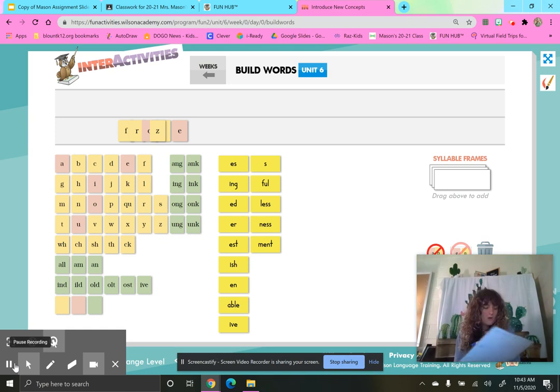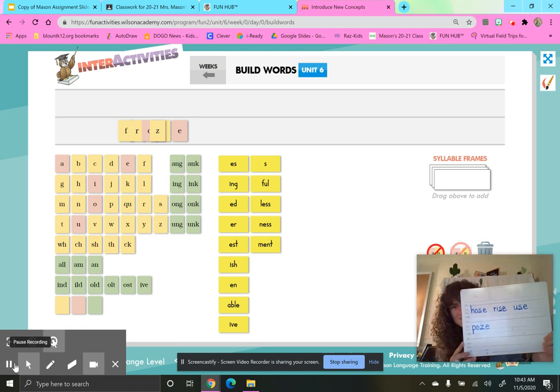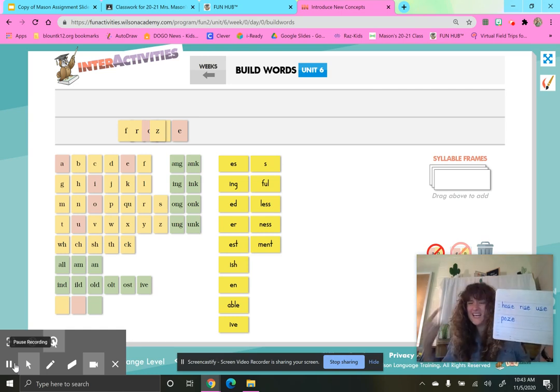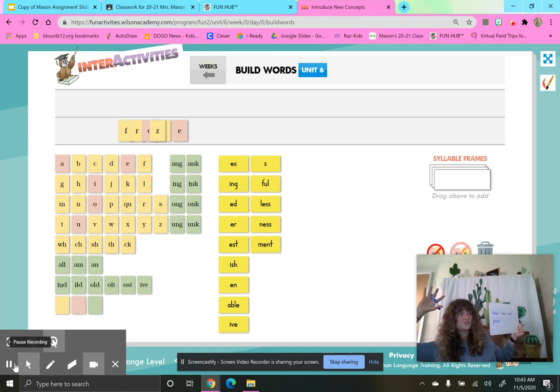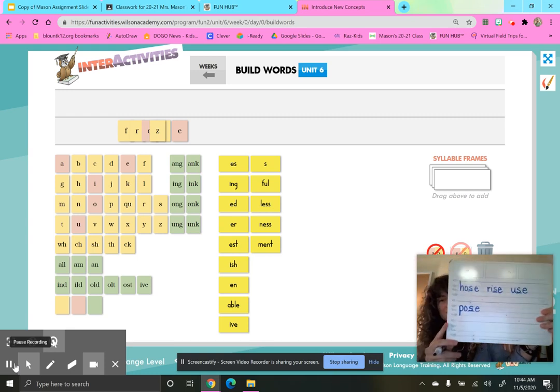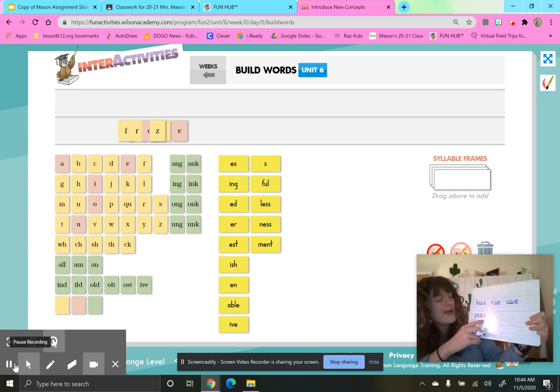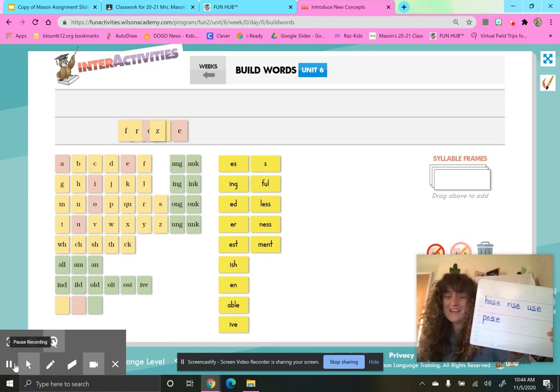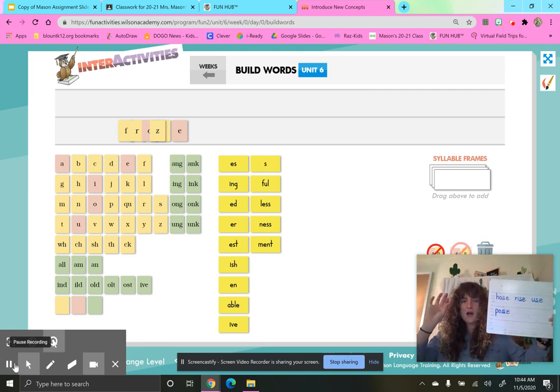In the word pose, I can put a Z. To me, that doesn't look right because I'm thinking of strike a pose. That means to freeze. And I know there's a Go Noodle video that talks about poses. So, what do you think? Does P-O-S-E look better? I agree. Let's tap out pose again. P-O-Z, pose.